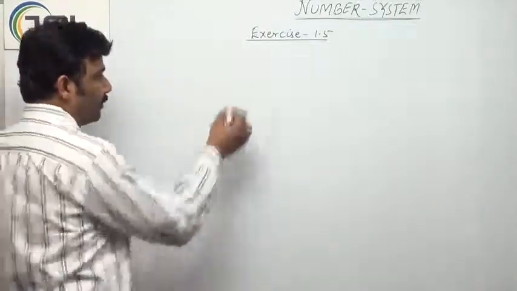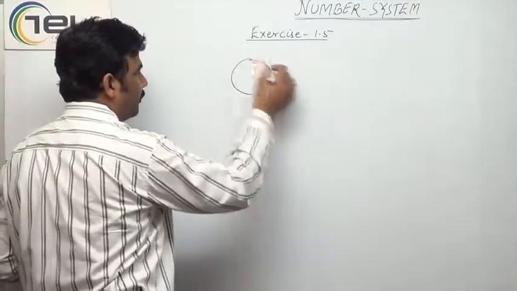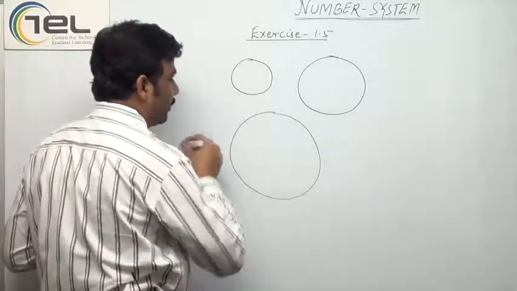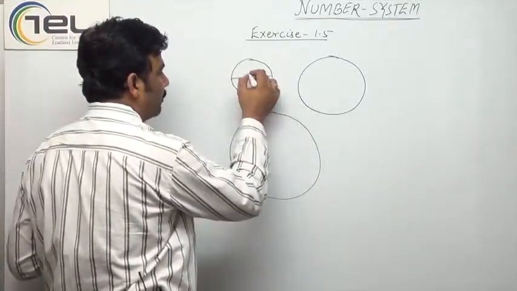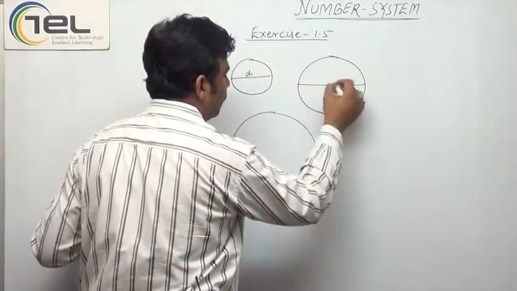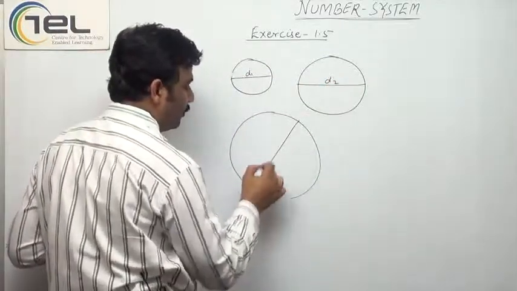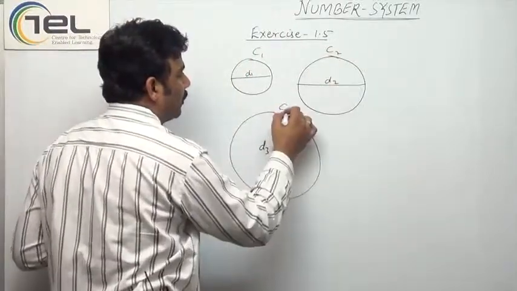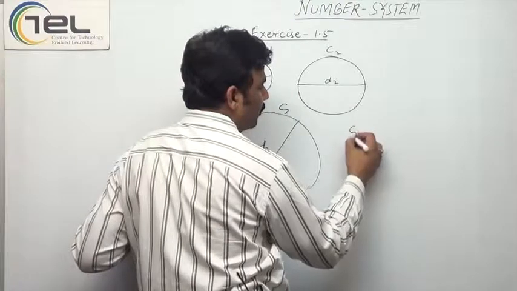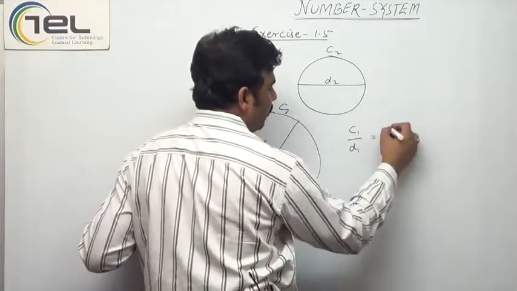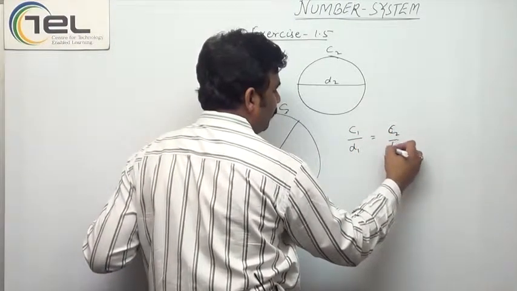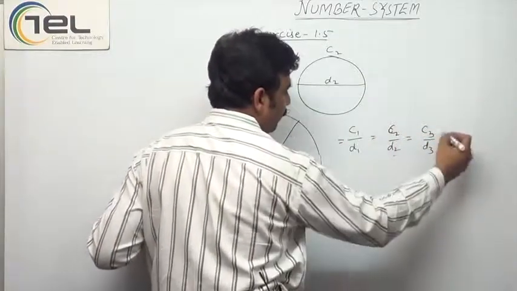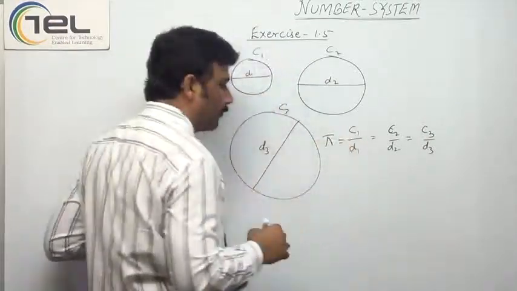We know if any circle is there, a very big circle is there, and this is the diameter d1, this is the diameter d2, this is the diameter d3, and circumferences are c1, c2, c3. If we take the ratio c1 upon d1, c2 upon d2, c3 upon d3, it always results in the same term, which is called pi.